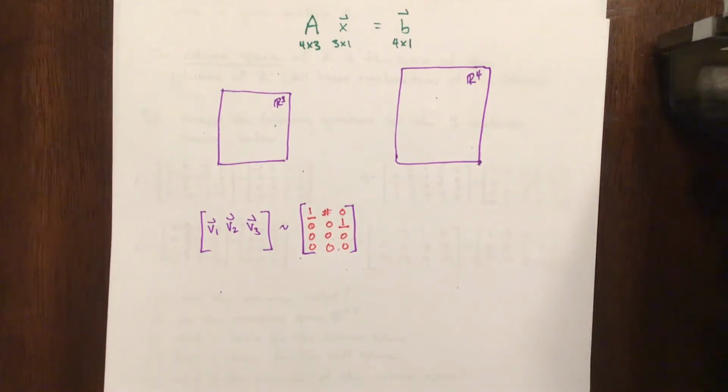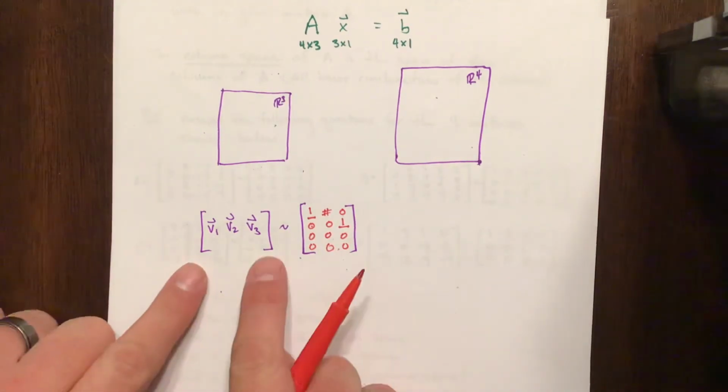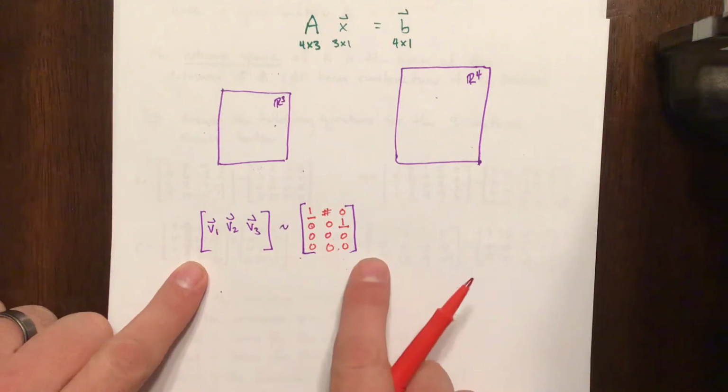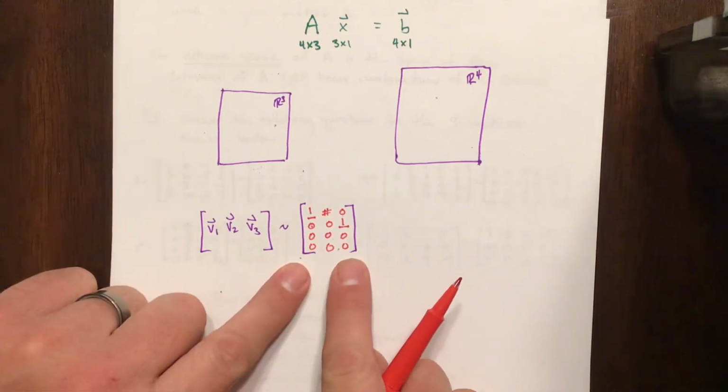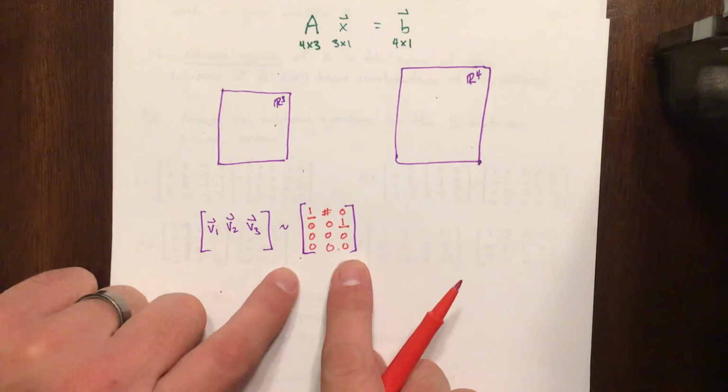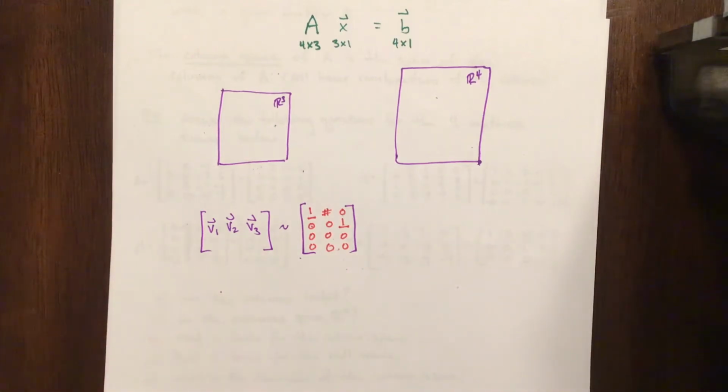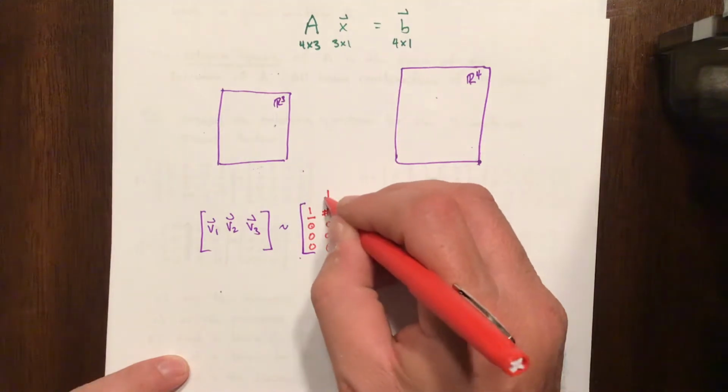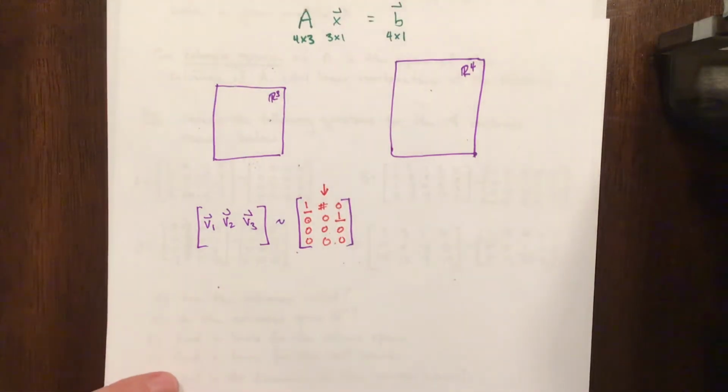Take this 4 by 3 matrix, row reduce it. Let's say you get something that looks like this. The first thing to point out is column 2. There's no pivot in column 2.